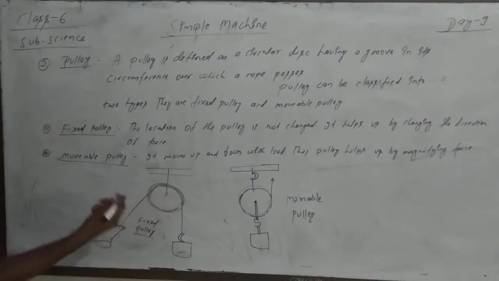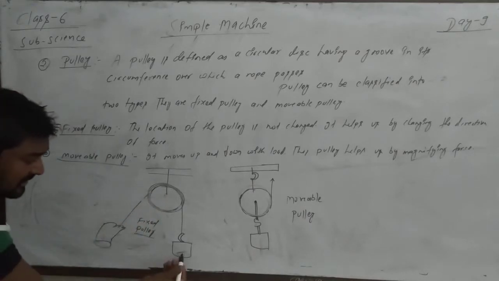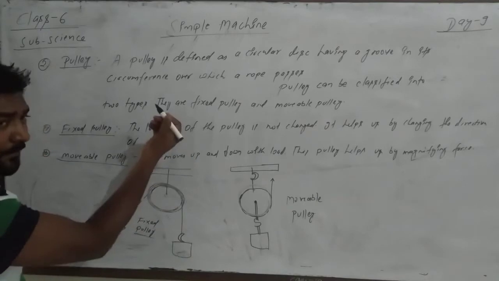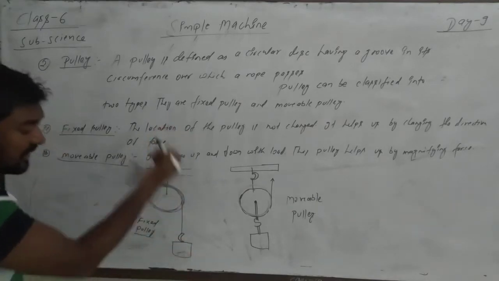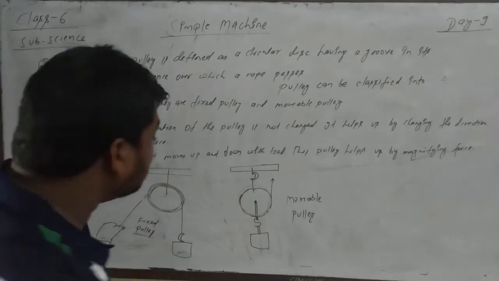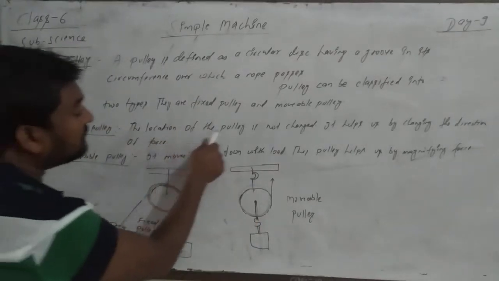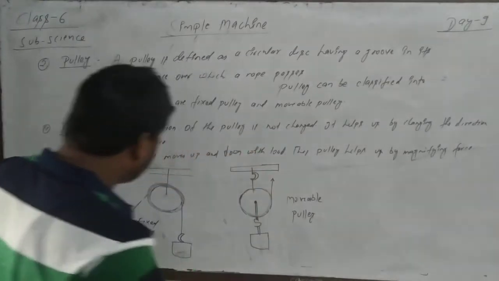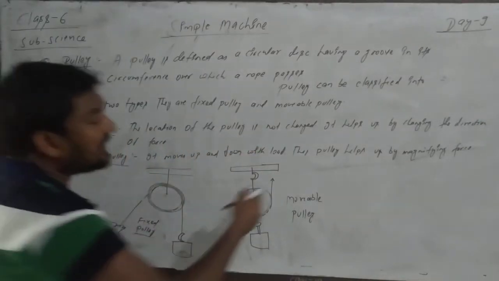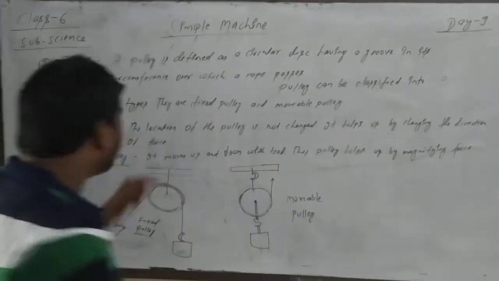Here, when a person pulls this rope, the load goes upward. It takes more energy compared to a movable pulley. The location of the pulley is not changed. It helps us by changing the direction of force.